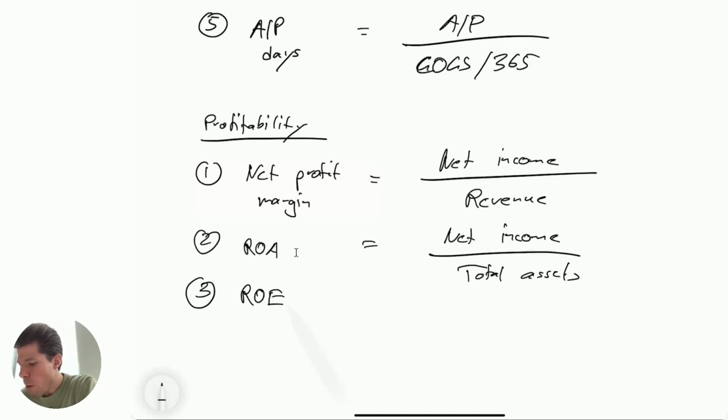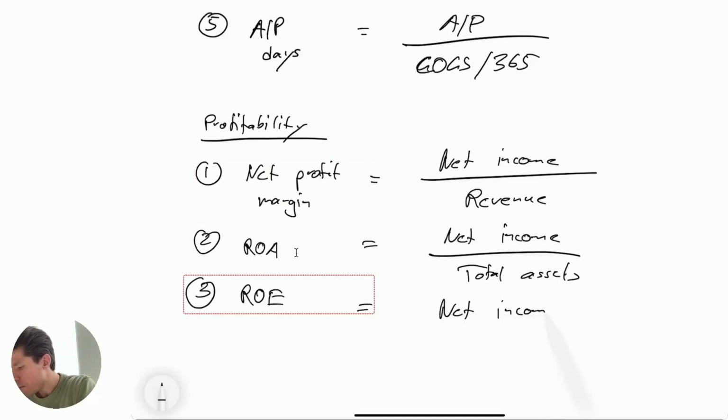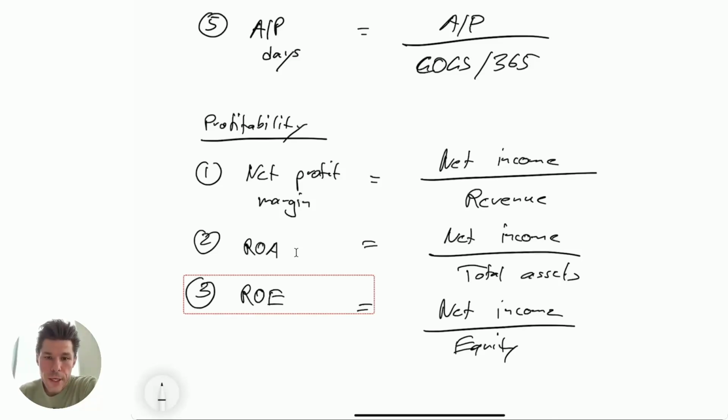Return on equity. Again, net income over equity. And yeah, return on assets measures how profitable a company is relative to its assets, and return on equity shows how much profit a company generates with the money received from the shareholders.